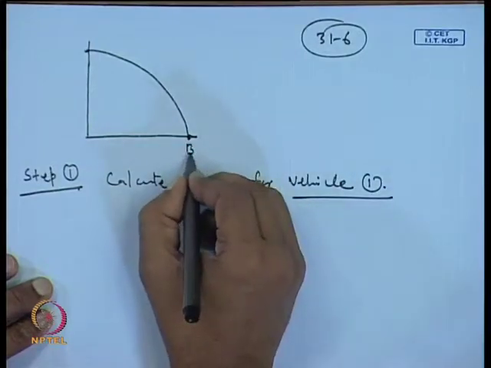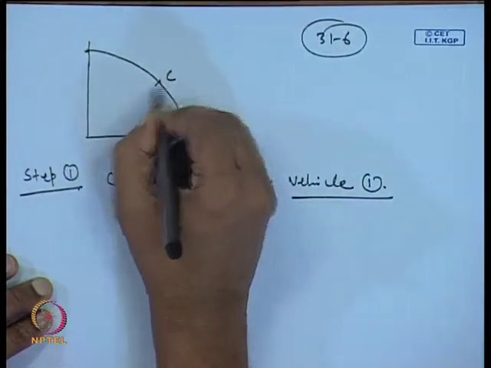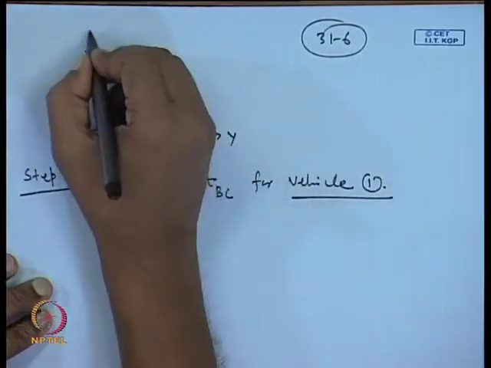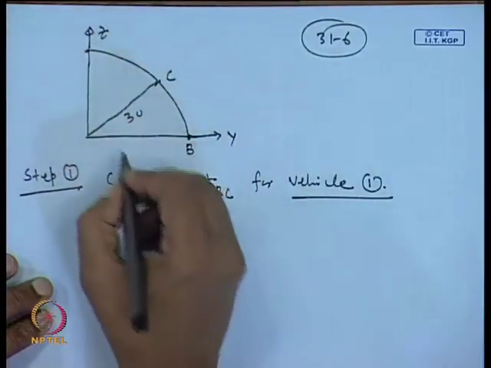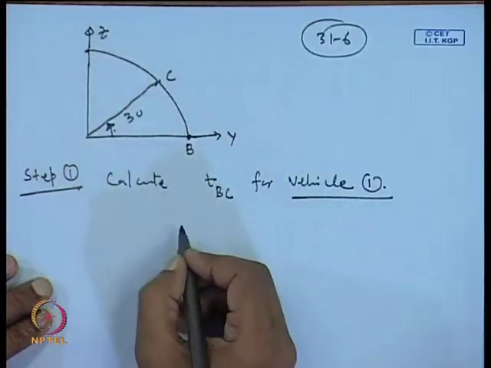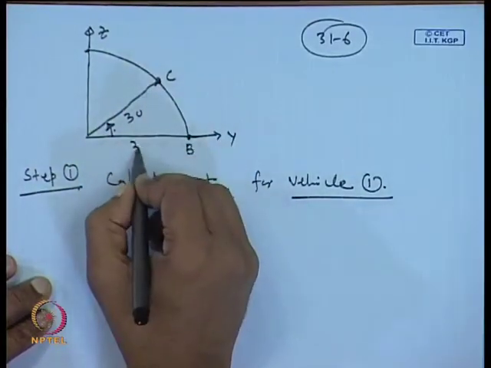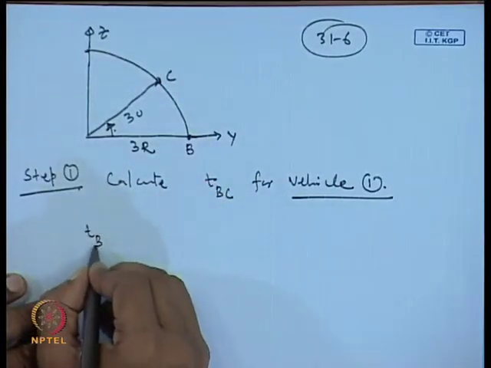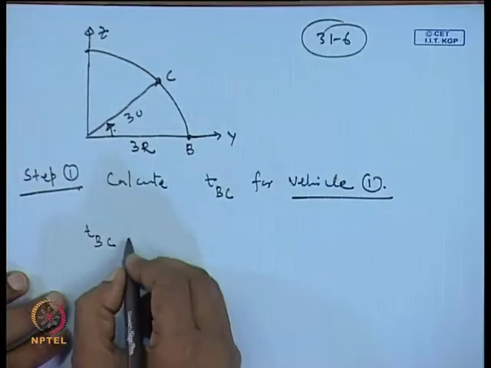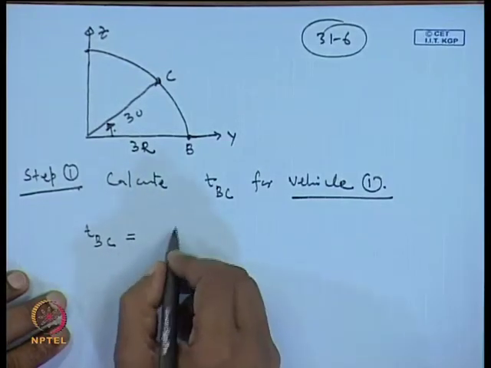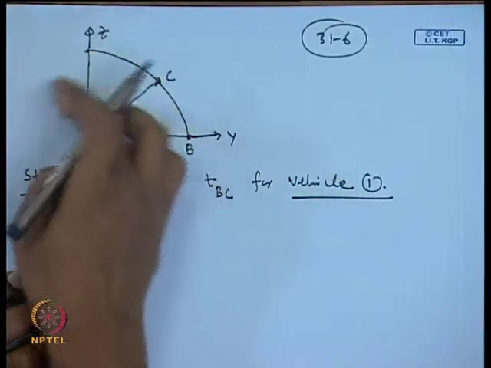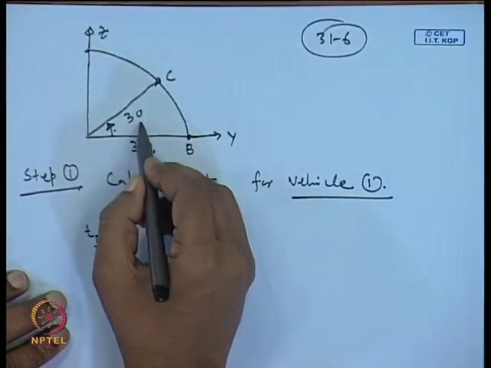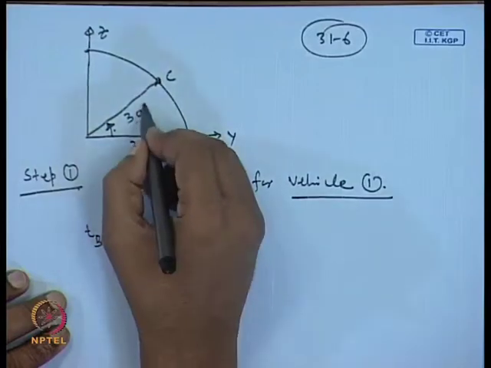So, this is the position B and this is the position C, which is at 30 degrees, and this is along the y direction and this is along the z direction. This distance is given to be 3r. Okay. So, TBC will be given by the whole time period for going around one circular orbit, which can be proportionally scaled for the 30 degree angle.